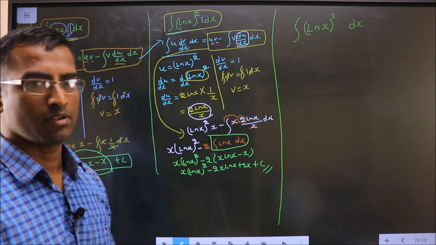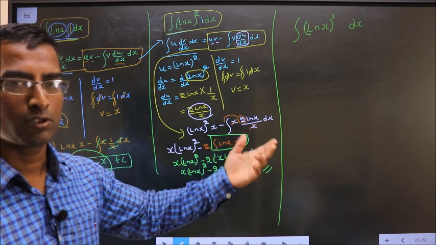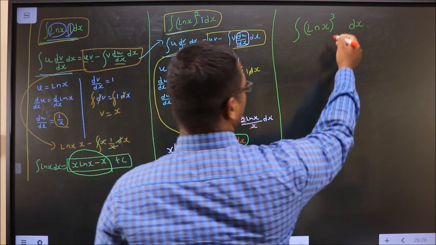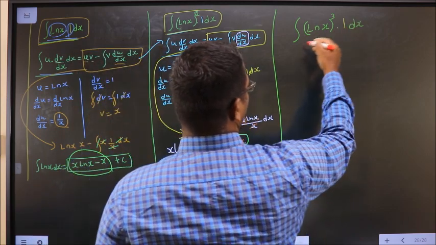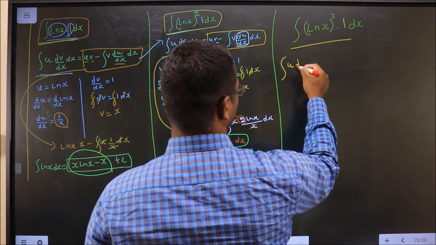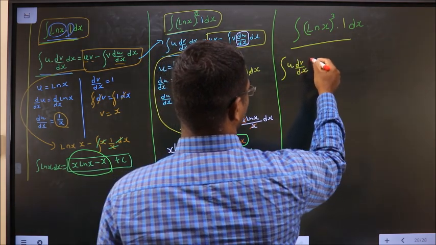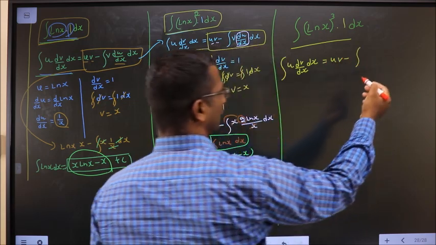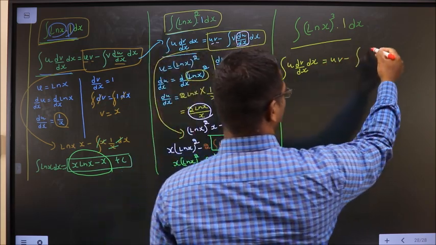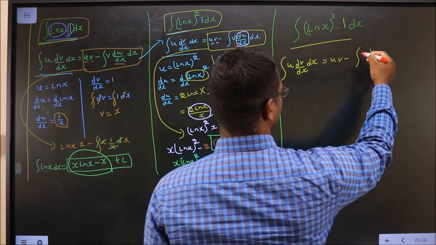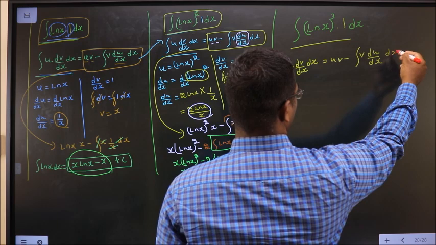Okay. Now, how do I integrate ln x whole cube dx? Same way. I take it here into 1 and again the integration by parts formula, that is integration of u dv by dx is equal to uv minus integration of, here it is u, here it is du by dx, here dv by dx, here it is v dx.